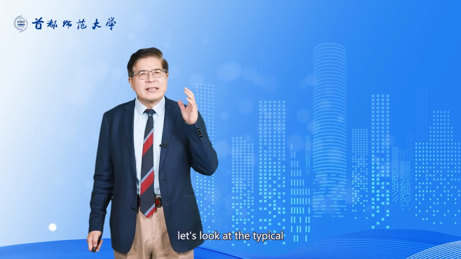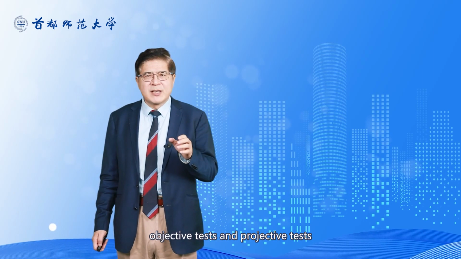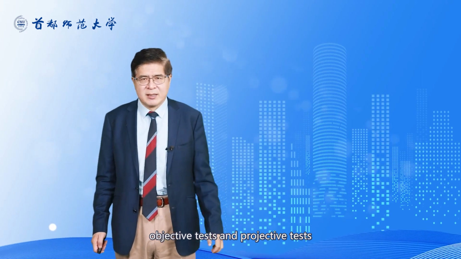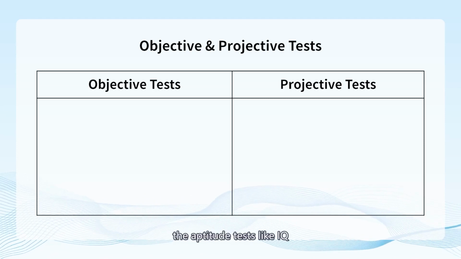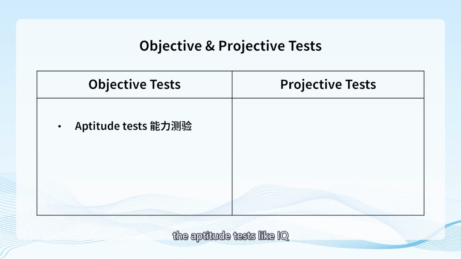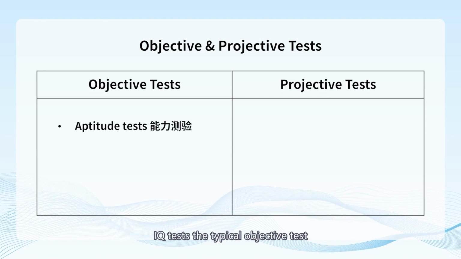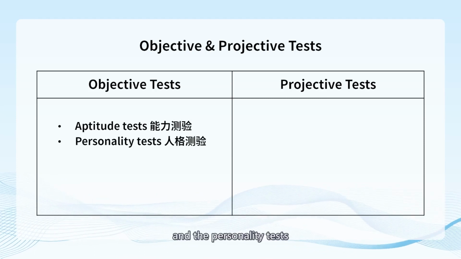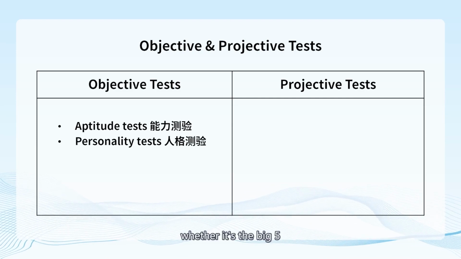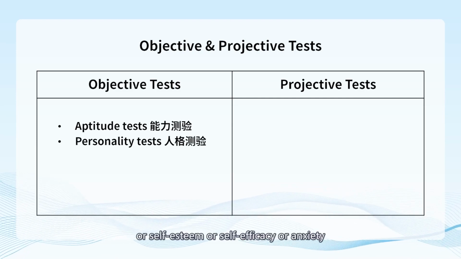Let's look at the typical objective tests and projective tests, and what they are. For objective tests, there are aptitude tests like the IQ test, the typical objective test, and also personality tests, whether it's the Big Five, or self-esteem, or self-efficacy, or anxiety.